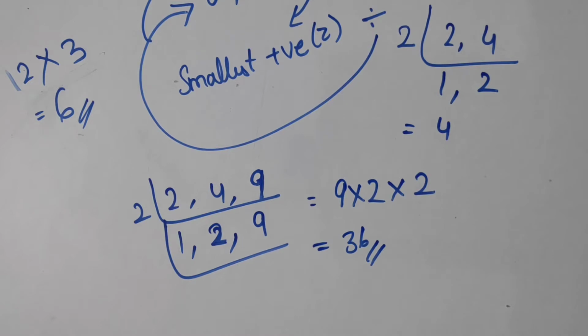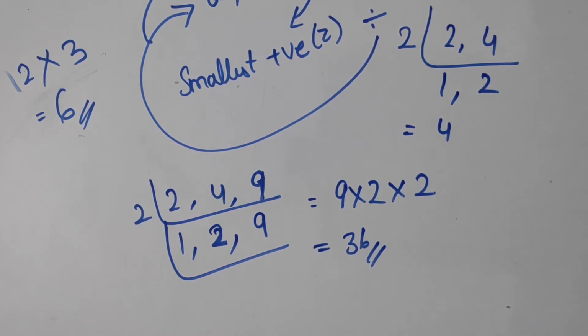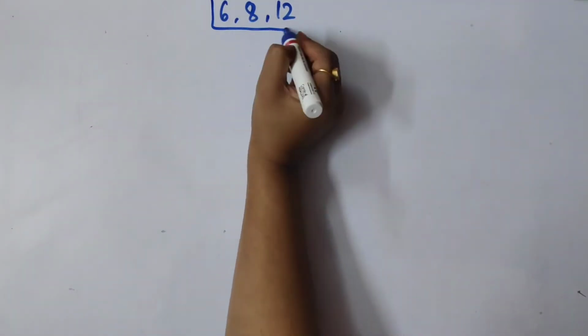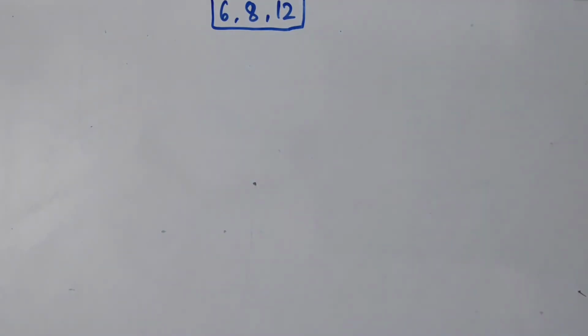Now let's learn what are the different ways to compute LCM. Here we go. As I said earlier, LCM can be done for more than two numbers. So I have taken this as my example, and I'm going to tell you the four different ways in which we can solve LCM.